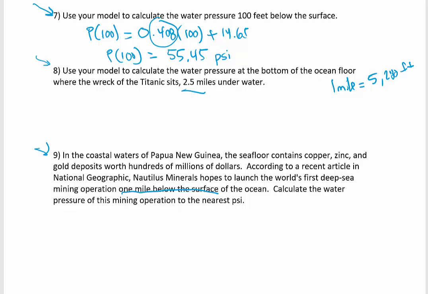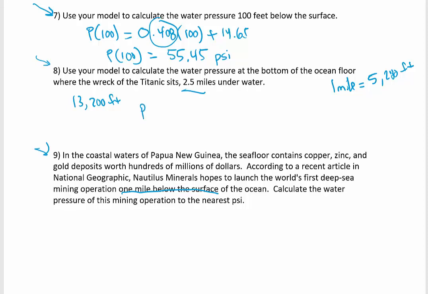All right, so the first thing we want to do is change these miles into feet. So I'm going to take 2.5 miles times 5,280, and that will give me that this is 13,200 feet deep for the Titanic.